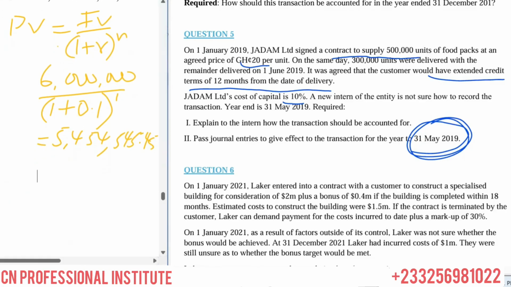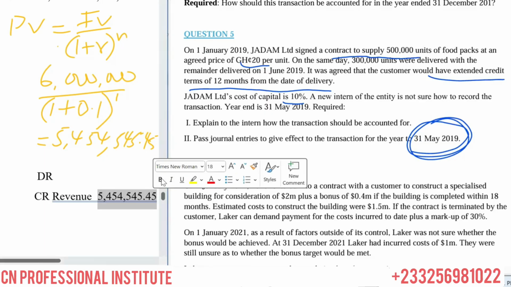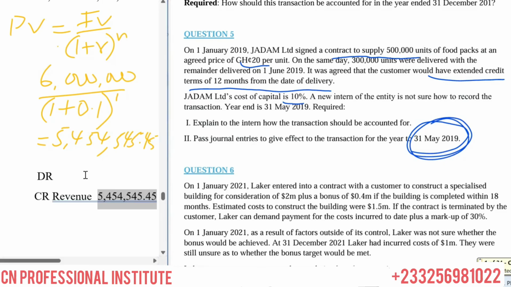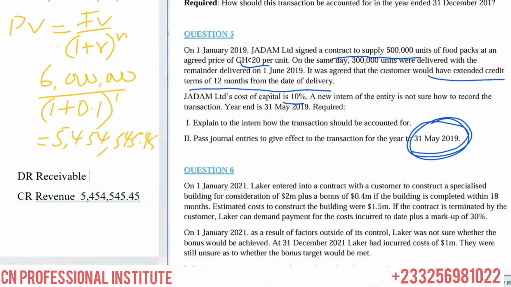So when you come here, the entries will be: we credit revenue with the amount, 5,454,545.45, and we debit receivables. Don't forget, we've not received the money yet. Are you following? We've not received the money yet, so the corresponding entry, which is the debit entry, will be to debit receivables. So that's how we look at these things.